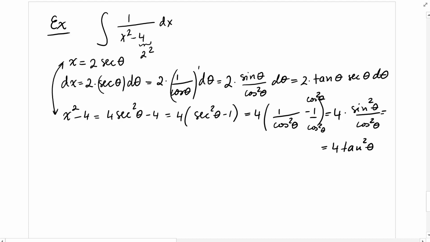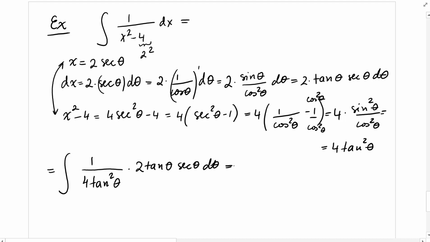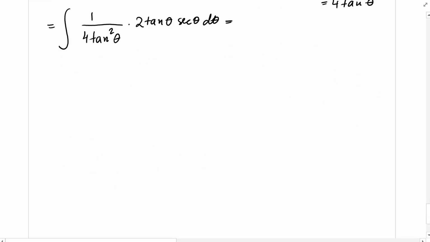So when we replace all this into our integral, it becomes the integral of 1 over x squared minus 4, which is 4 tangent squared of theta, and dx is 2 tangent theta secant theta d theta. So tangent theta cancels with this one, 2 with 4, so we get 1 over 2 integral of secant theta over tangent theta d theta.